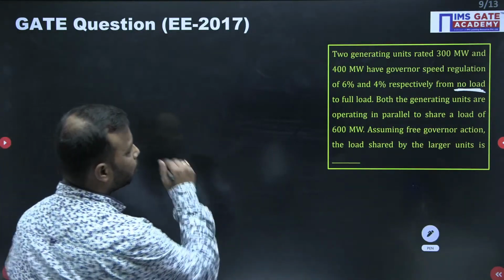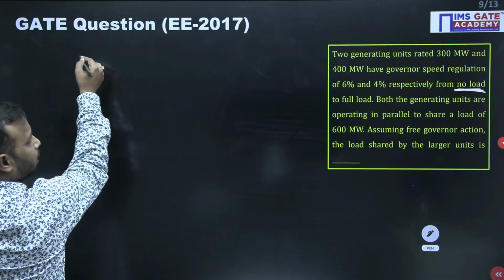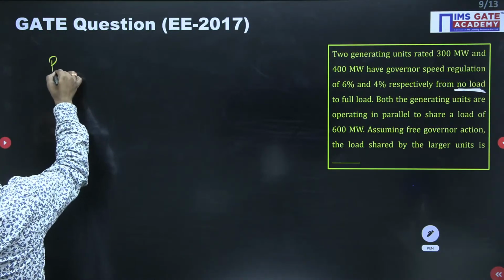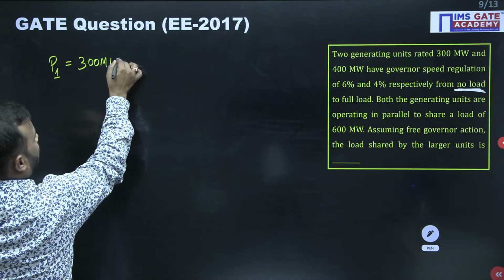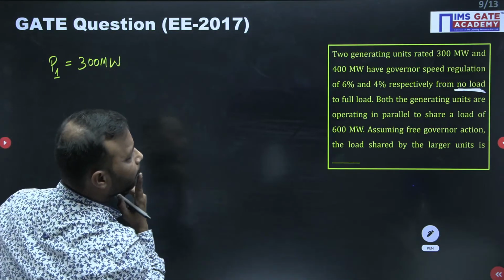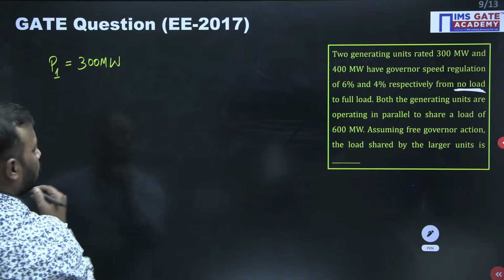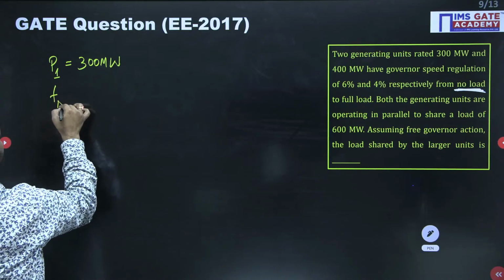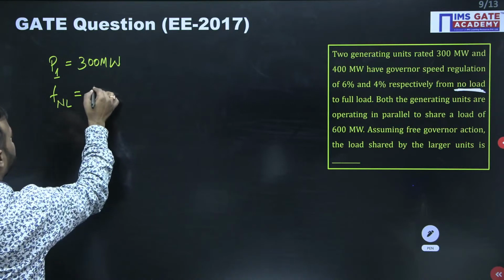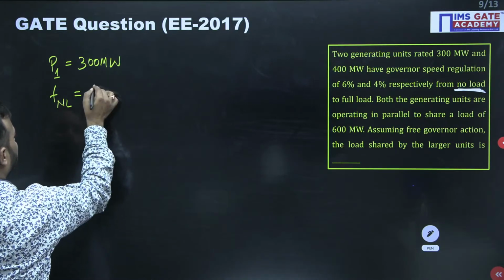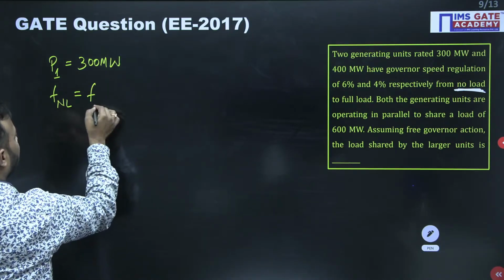Okay, तो यहाँ पे कैसे होगा क्वेश्चन? So let us take the first power P1 as 300 megawatt and frequency is given. क्या frequency दिया गया है? नहीं. So let us take the no load frequency as, क्या ले लें?